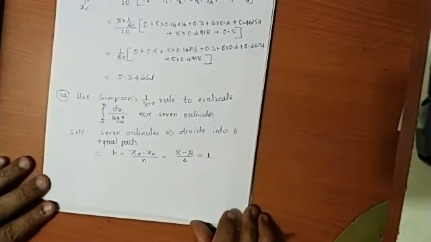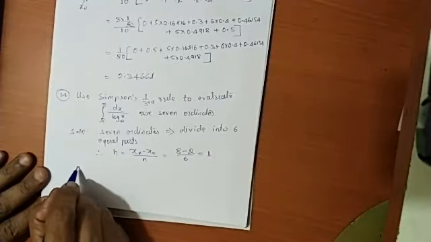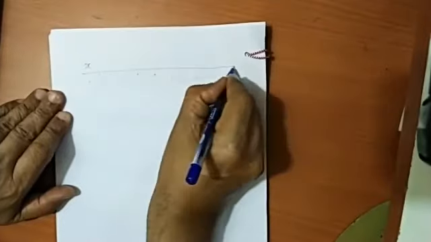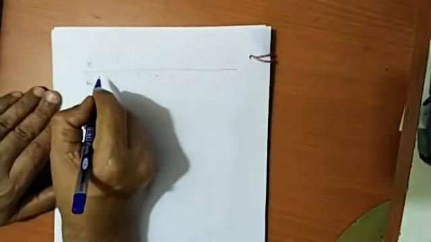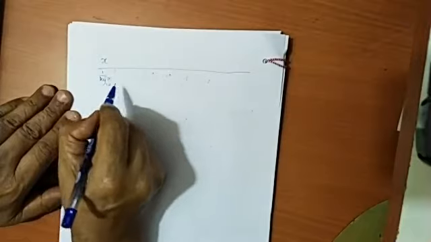Now I have to form the table. I write it in the next sheet. x starts from 2 and goes up to 8, h is 1, and I write 1 by log of x to the base 10.